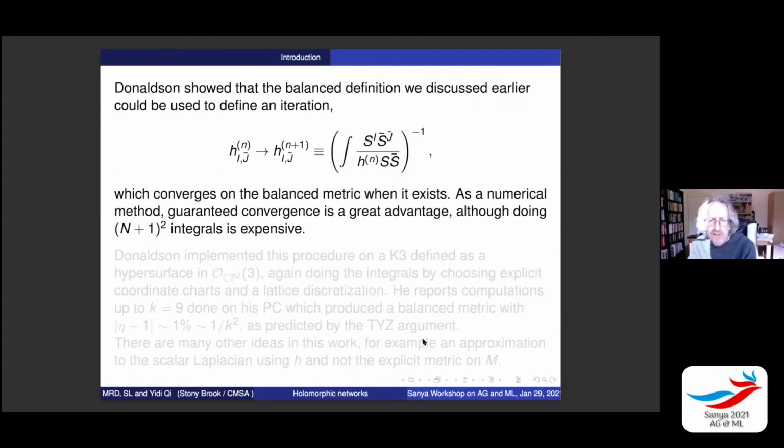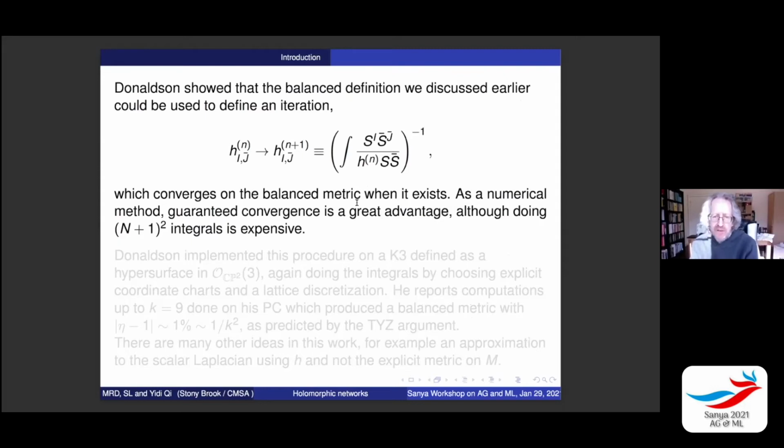Now Donaldson showed that there's a very simple iteration where you just compute this matrix of inner products from the given metric, and then if you take that as defining the next step in the iteration, that will always bring you closer, and in fact will converge on the balanced metric when it exists. And so that's a procedure with an actual exponential convergence.